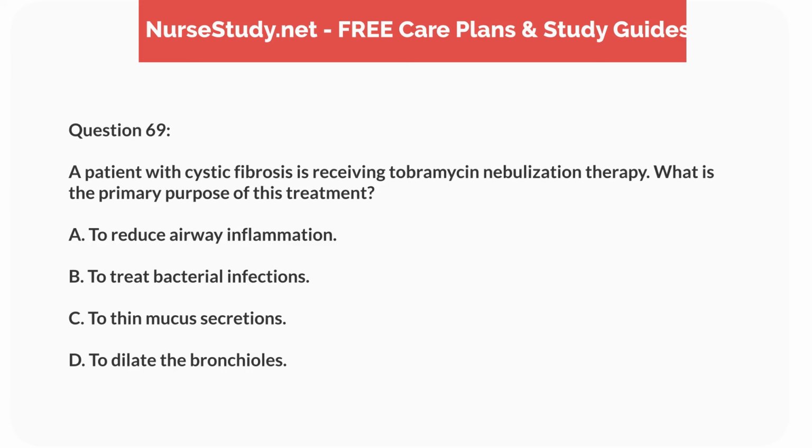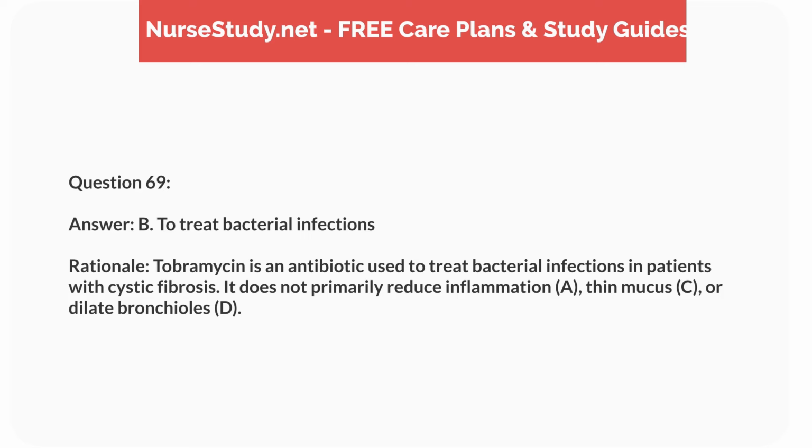D. To dilate the bronchioles. Answer: B. To treat bacterial infections. Rationale: tobramycin is an antibiotic used to treat bacterial infections in patients with cystic fibrosis. It does not primarily reduce inflammation, A, thin mucus, C, or dilate bronchioles, D.